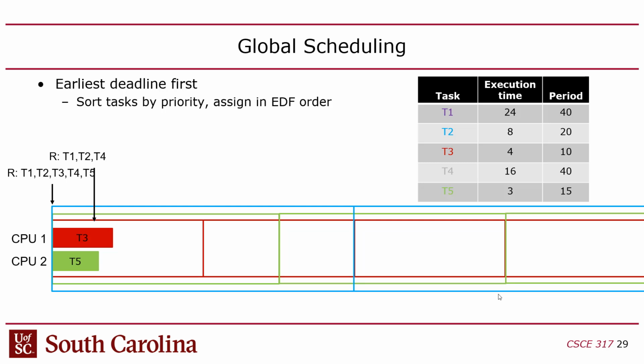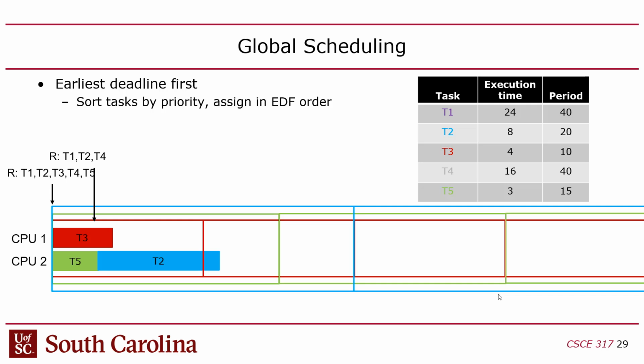Now we have to reevaluate after T5 ends, at which point T3 is running, and T1, T2, T4 are ready. Among those, the next one is probably this blue, 2. So we're going to put 2 over here on CPU 2. Are we going to leave it to run to completion?